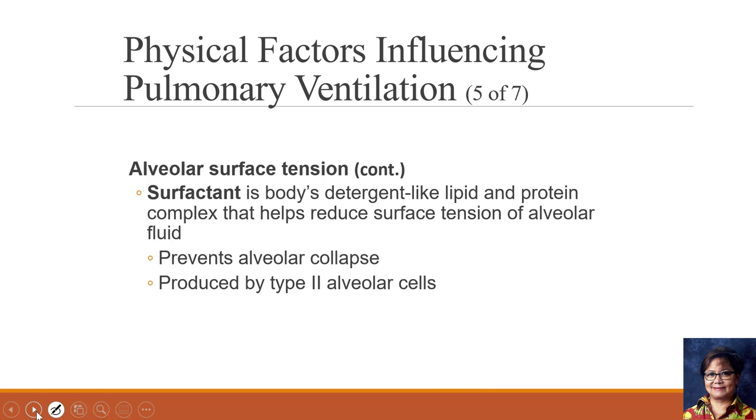Now, the type 2 alveolar cells are not yet fully developed in the womb. If the baby is only like 6 months old in the womb, therefore, premature babies who are born before they are 7 months old, usually they start kicking in, producing surfactant at age 7 months.